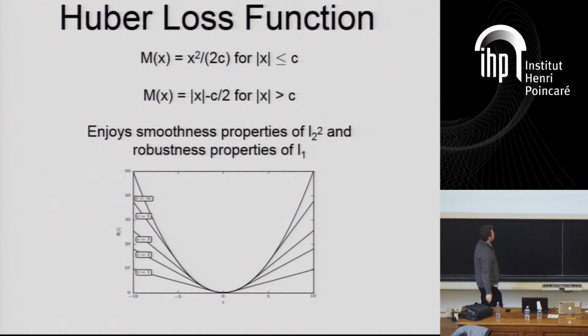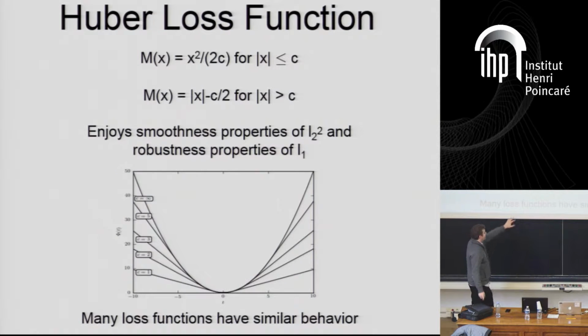And it's nice that, unlike L1 regression, it's actually differentiable at the origin, which is very useful in optimization procedures. And unlike least squares, it's robust in the sense that as I move away, I'm linear as opposed to quadratic, which is exactly when I want to be linear. And there are many other loss functions that have similar behavior. They're basically quadratic, and at some point they become linear.